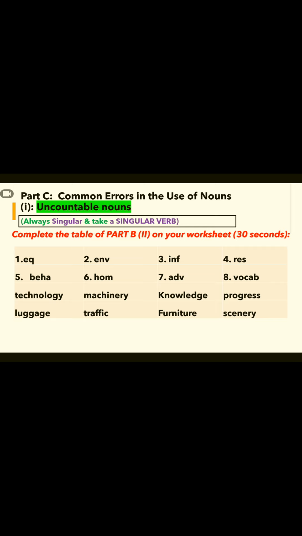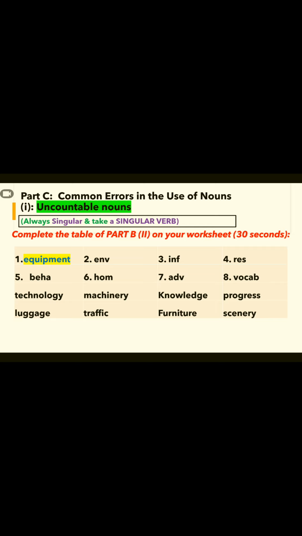So can you complete them? Can you recall any words that start with these letters and are uncountable? That's right. Number 1 is actually equipment. Now on your worksheet, double check your answers or fill in the answer if you have not yet got it.